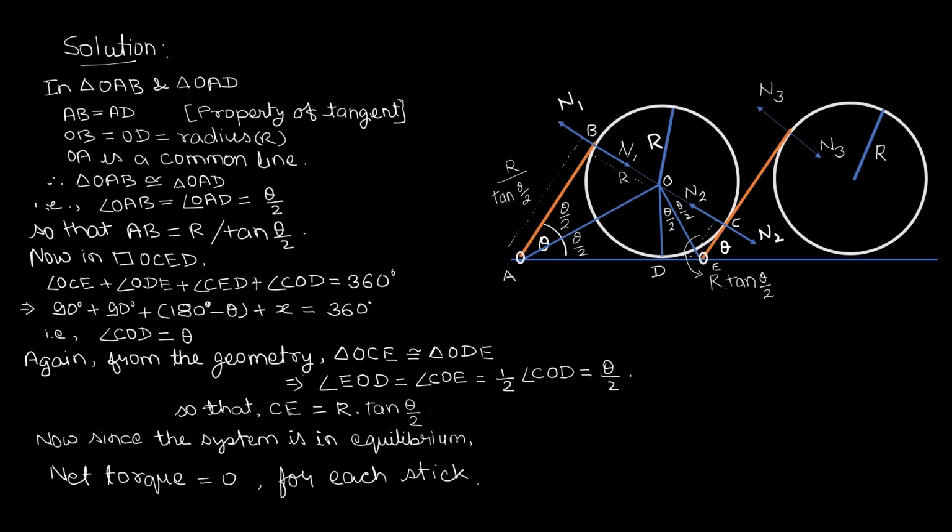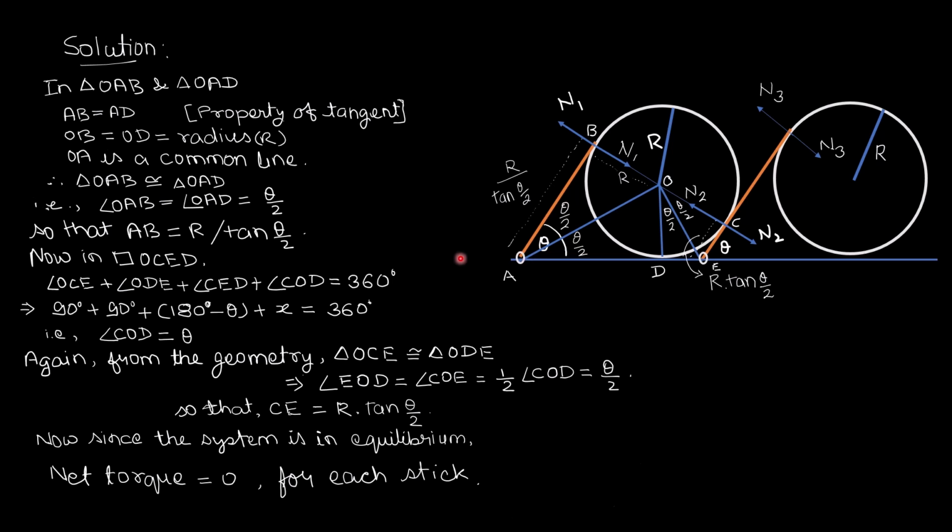Here is our solution. This picture is given for clear geometrical understanding. In this picture, this is triangle OAB and triangle OAD. We can see that the length AB is equal to AD. This is the property of the tangent. Also, the length OB is equal to OD, which is the radius of the disc, and OA is the common line.